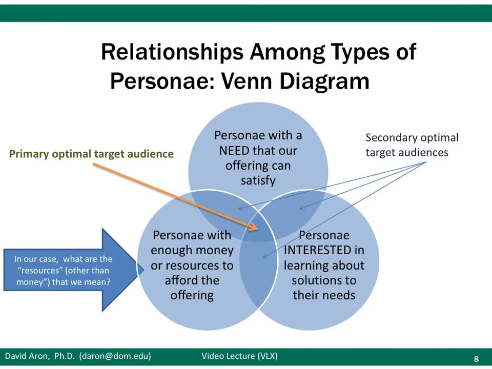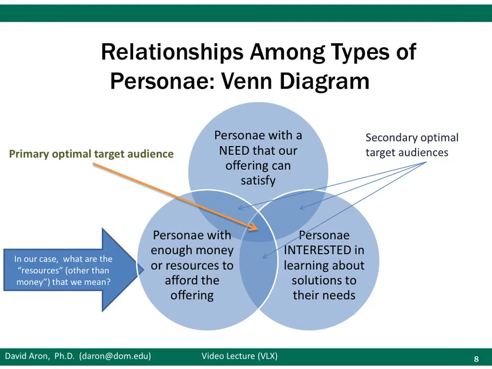So a word about when you have a secondary target audience. Again, take the people that need our offering, people that are interested in our offering, but maybe can't afford it. That is, they don't have time to participate, using the time example of a resource. One thing the marketer would be challenged to do is help them find time.